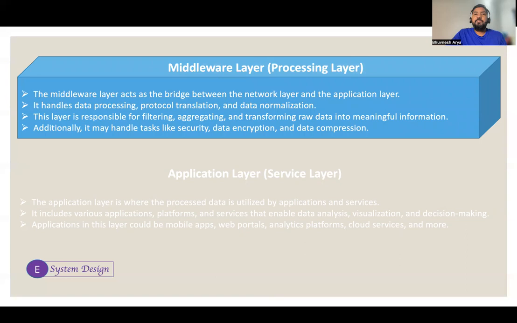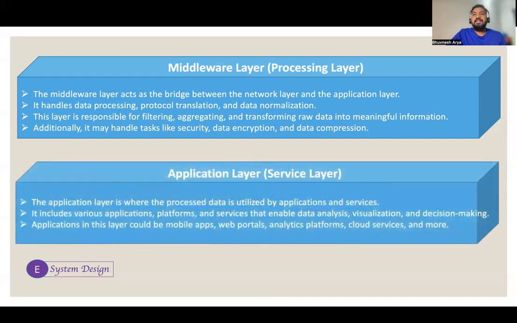Additionally, it will also support security and data encryption, which are very important from the cyber security point of view. Next layer is the application layer, or service layer. This layer processes the data which is utilized by applications and services. Here you can implement your APIs, you can write your REST APIs or SOAP APIs or different types of API implementation.